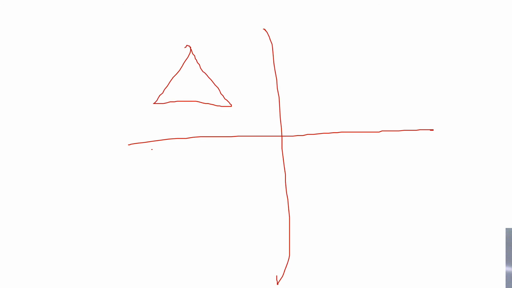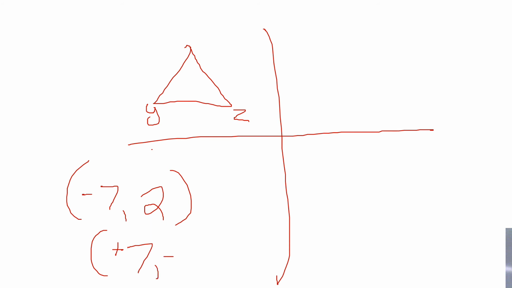It was here, and Y was here, and Z was here, and you ended up, it was a 180. And the only thing you have to do on a 180 is change the signs. So if Y is at -7, 2, change both the signs, it ends up at +7, -2.